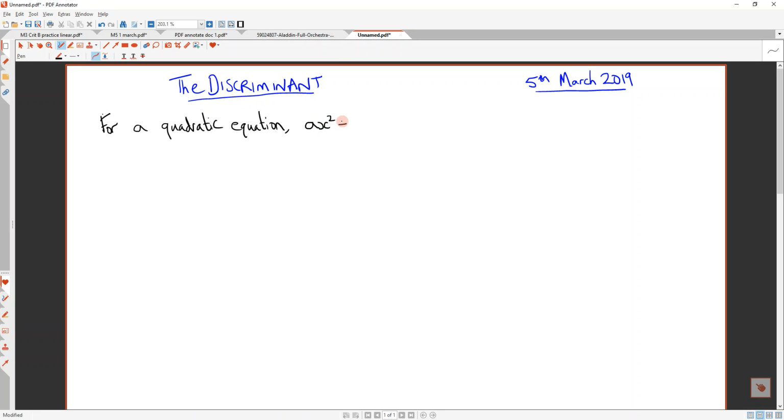ax squared plus bx plus c, the discriminant is defined as, and you may see this sometimes, they may call the discriminant a little triangle like that. And they say it's b squared minus 4ac.